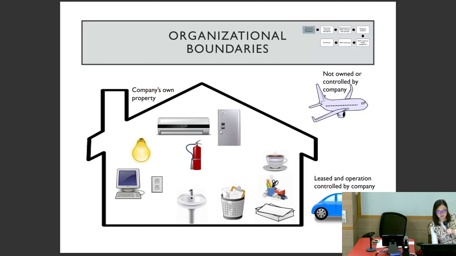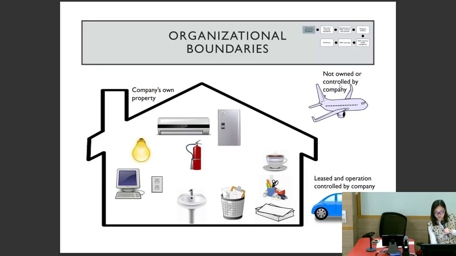We have, let's say, a town gas heater, and then a fire extinguisher, and then toilet, kitchen, so water supply, and it also has some waste. Okay, so it consumes some products like paper, stationery, and even coffee. Okay, and the company leased, operates and controls it. So these are some leased operations controlled by the company.